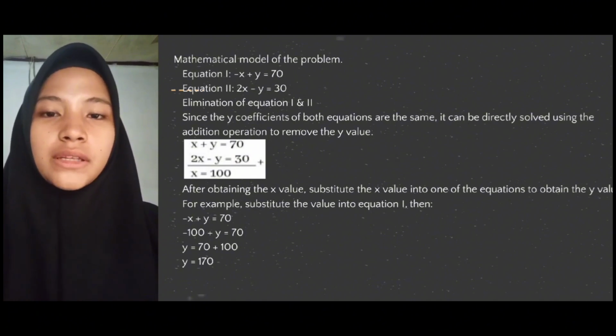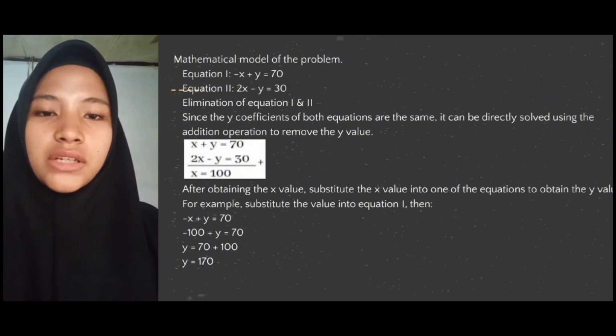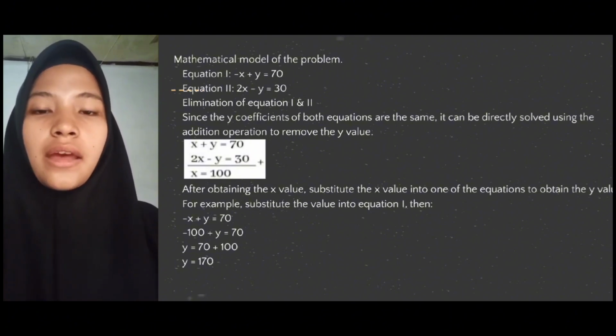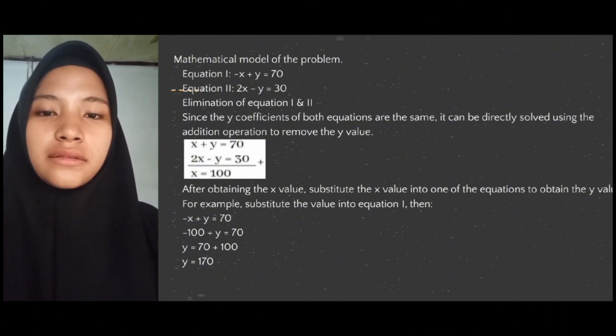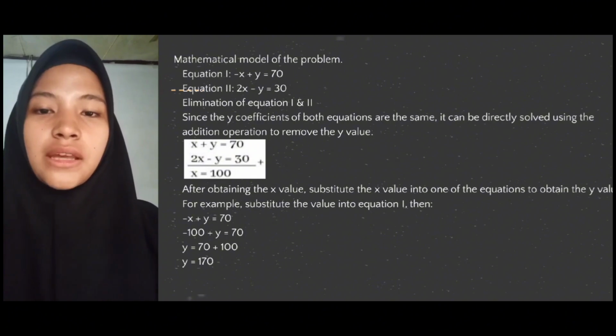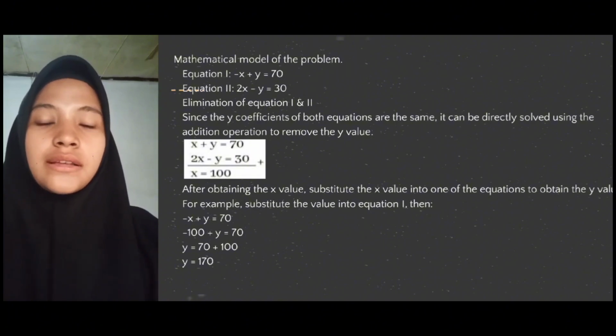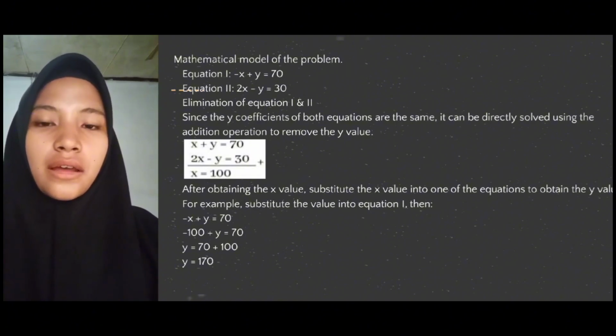For example, substitute the value into equation 1: minus x plus y equals 70. So minus 100 plus y equals 70, y equals 70 plus 100, so y equals 170.